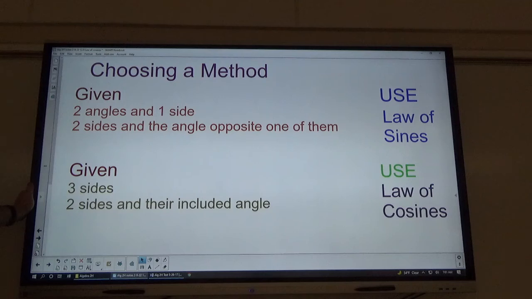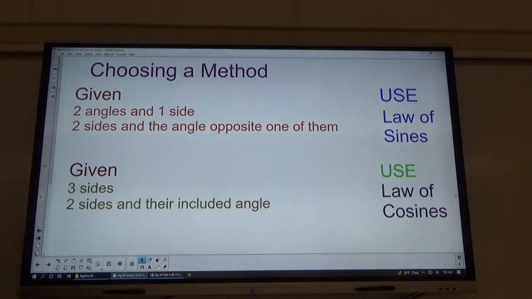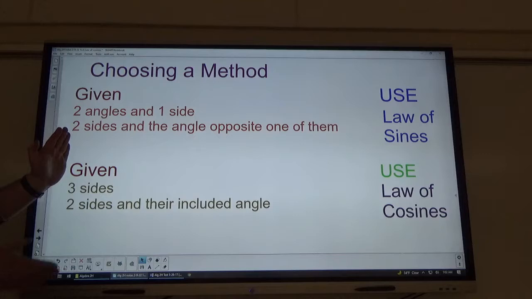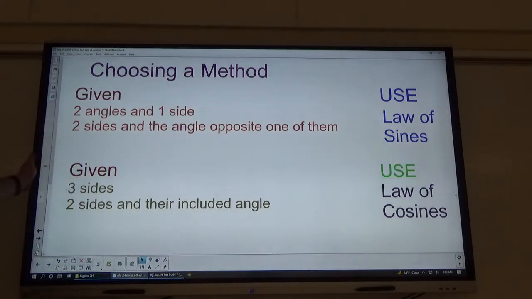If you're given 3 sides only, no angles, you've got to use the law of cosines. 2 sides and the angle between them, that's what is meant by included angle, so side 1, side 2, and the angle in between them, then you're talking about the law of cosines.